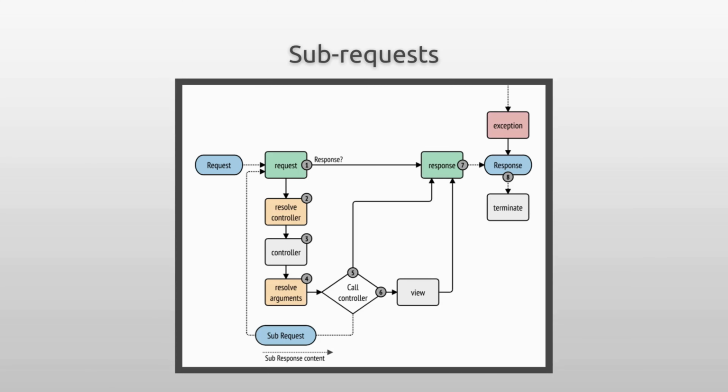Developers usually create sub-requests programmatically, setting their own attributes. Listeners handling events triggered by sub-requests can determine whether the current request is the main or sub-request using the isMainRequest method of the kernel event class. For example, a listener might skip processing sub-requests entirely to focus only on the main request.